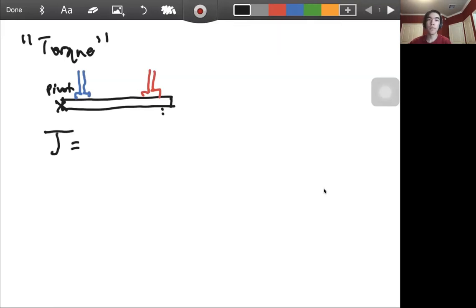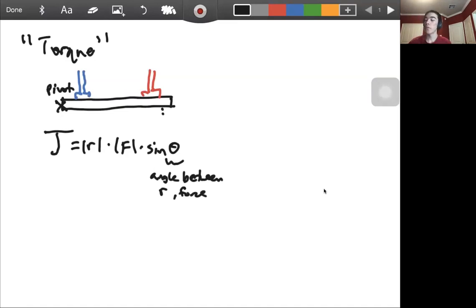So the actual formula for torque is your radius times your force times sine theta, where theta is the angle between your radius and your force.